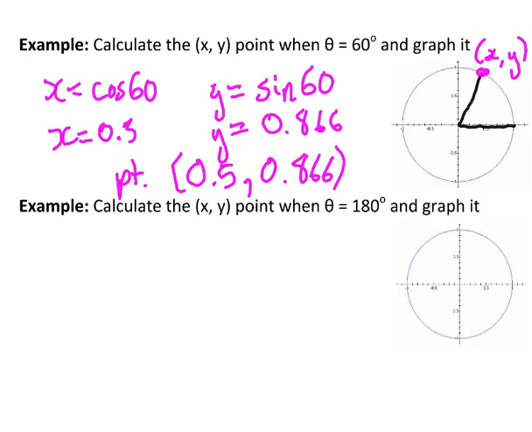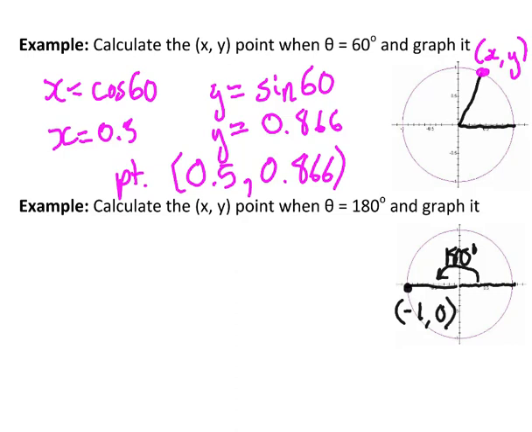So this actually works for every angle. It doesn't just work for angles within the first quadrant. It works for any angle on your unit circle, even angles that don't appear to be part of a triangle. So 180 degrees looks like this. There's the positive x-axis, we rotate 180 degrees, we would be right here. That would be my terminal arm. That's 180 degrees. So that doesn't look like a triangle at all, but if I want to find the value of this point here, I can use the same process. You can look at it on the graph and tell pretty quickly that the value looks like it's going to be negative 1 for x and 0 for y, and that is right.